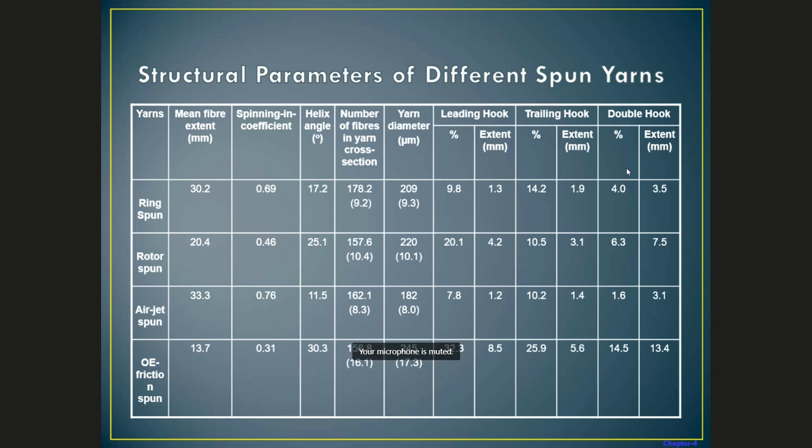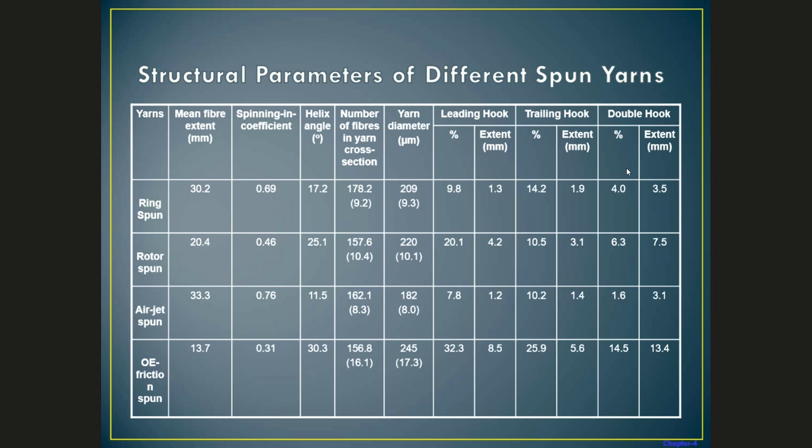So the overlapping between two fibers is going to reduce. Even though I may have higher fiber extent, if overlapping between two fibers is lesser, then definitely this yarn is not going to be strong, even though it is also highly packed. That will not give you the higher strength.